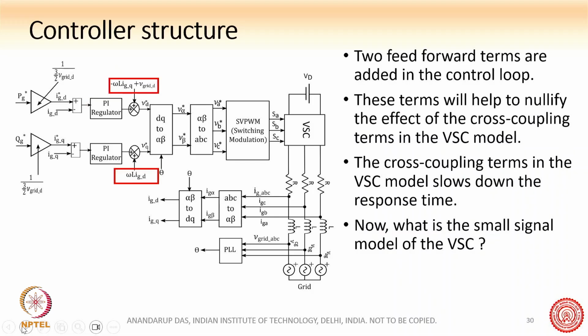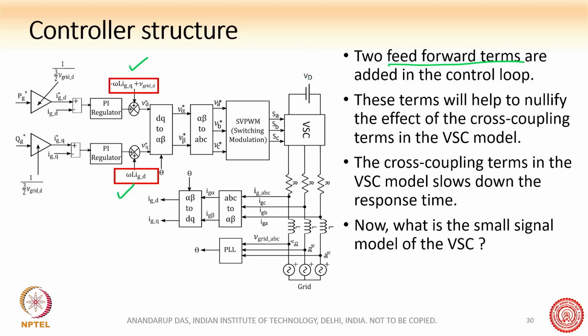Now comes the important part. These are the 2 feed forward terms which are added in the control loop. You see here there are 2 feed forward terms which I have added into the controller block diagram. Now remember, why did we add this one?